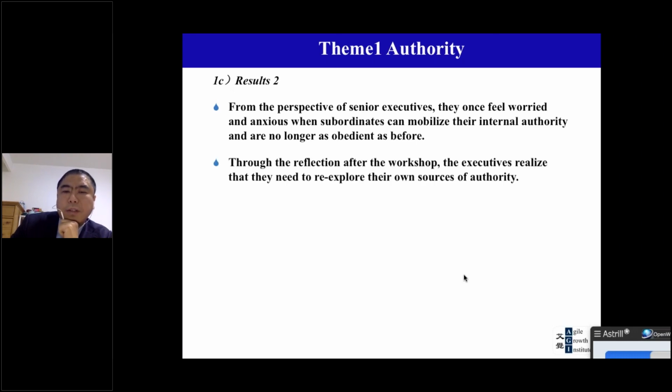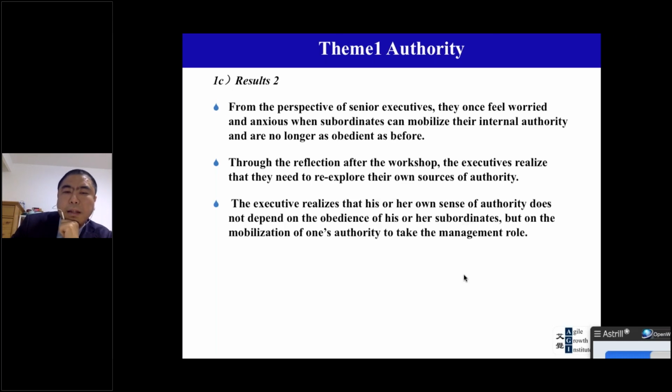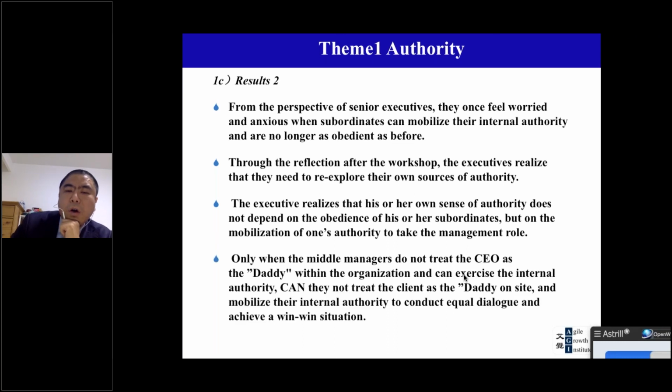Through the reflection after the workshop, these executives realize that they need to re-explore their own resources of authority. The executive realizes that his or her own sense of authority does not depend on the obedience of one's subordinates, but on the mobilization of one's authority to take the management role.